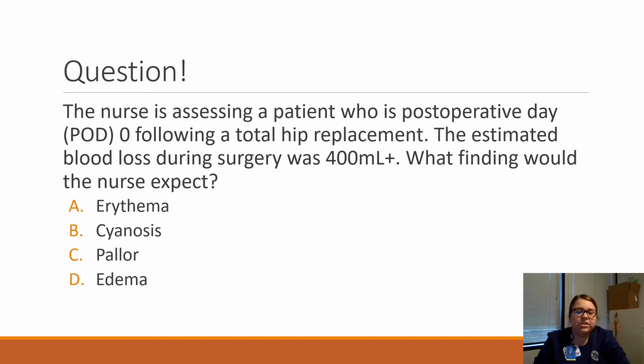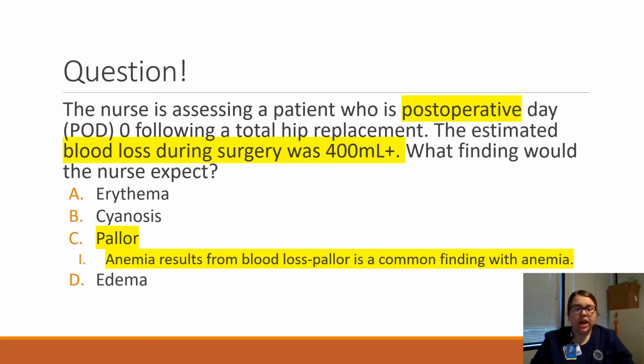So we know that this client is postoperative from a hip replacement, and he lost blood during surgery, about 400 plus milliliters. Do you expect him to be erythema, cyanosis, paler, or edema? I'm going to expect him to be paler because of the anemia, the blood loss. So it's a common finding.